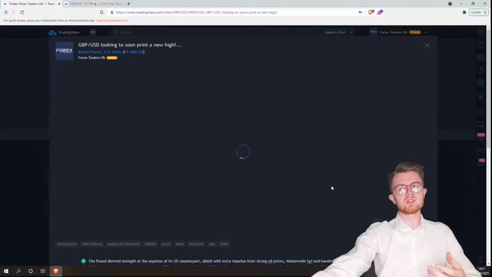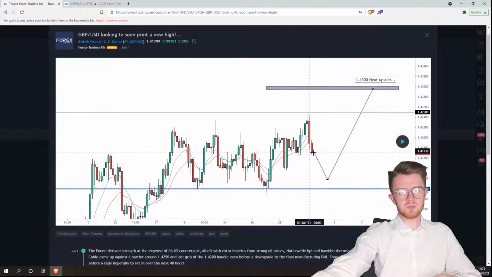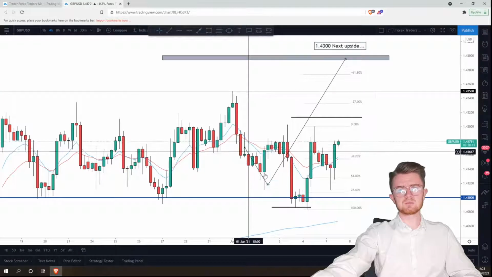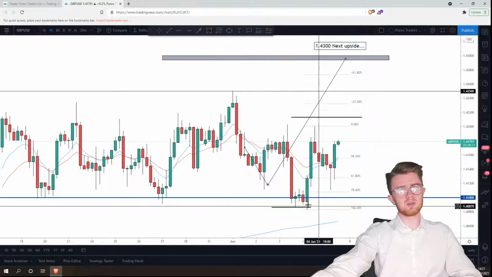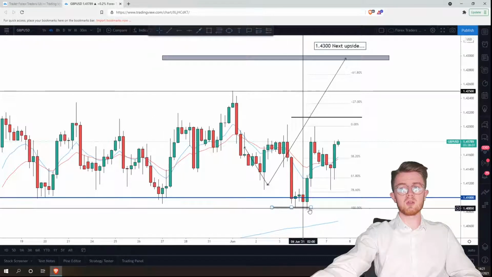So if we look here at GBP USD from a few days ago, I did in fact analyze this pair where I was anticipating a minor pullback and then a movement into new highs, 1.4300. So if we have a look at GBP USD now, we did in fact get a pullback. We did in fact pull back all the way down to create a new low in this case here.